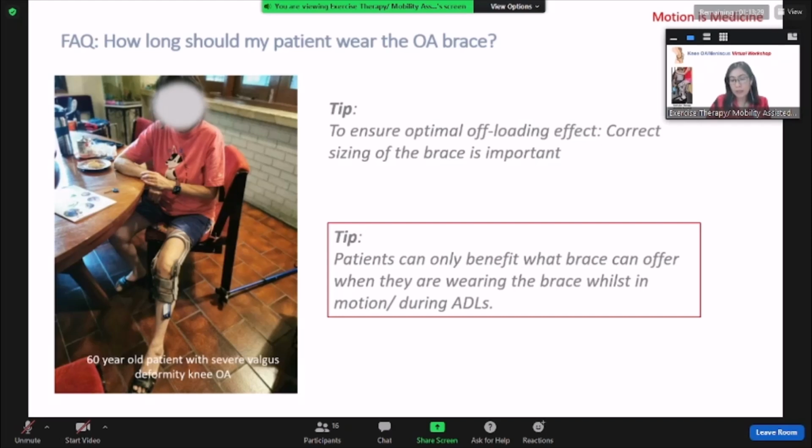What Hurley said back in 2012 in the Archives of Physical Medicine and Rehabilitation is that the more you use the unloader brace, the more benefit the patient can have in terms of reducing pain and improving their function and strength.